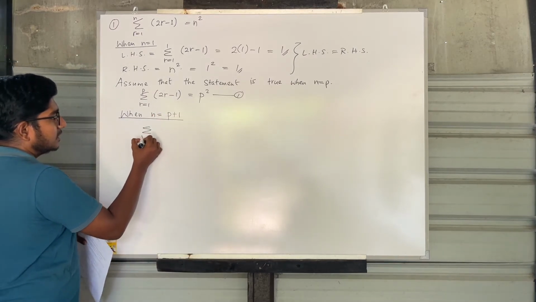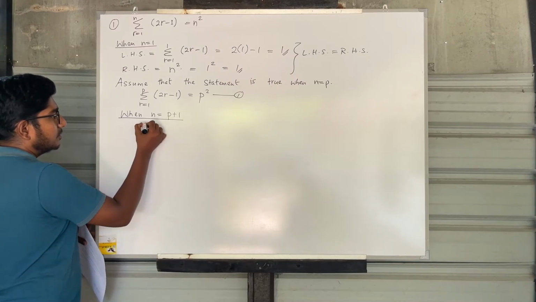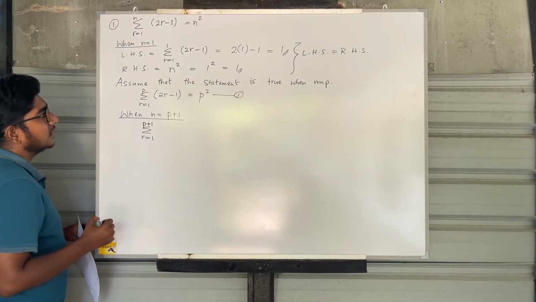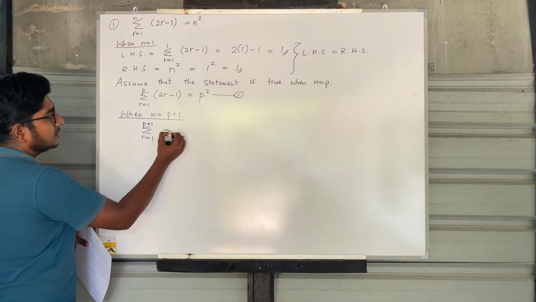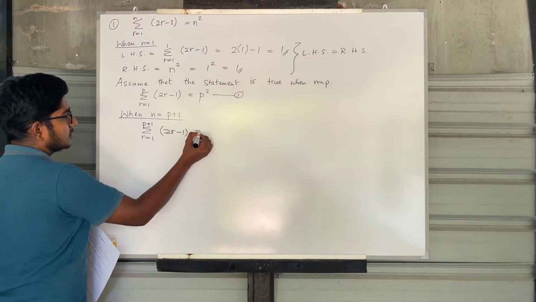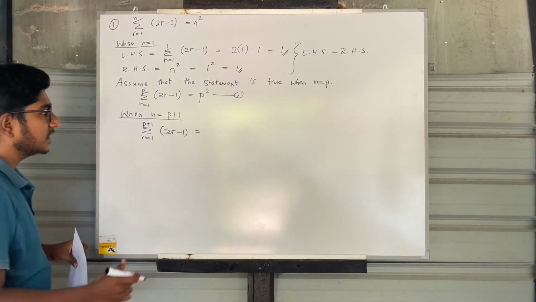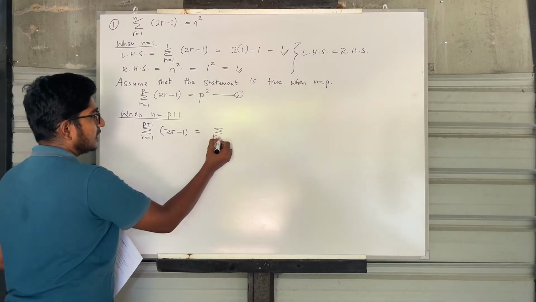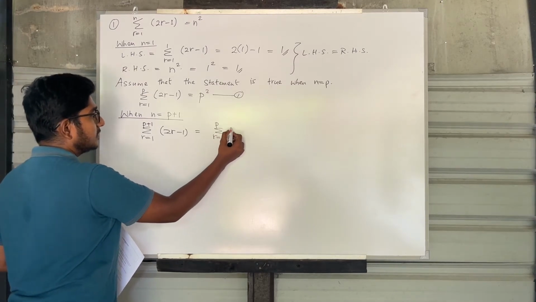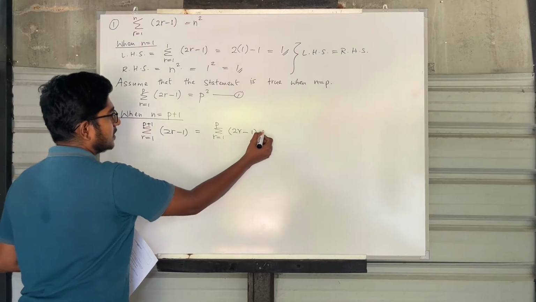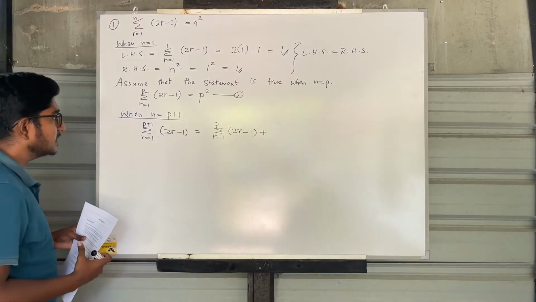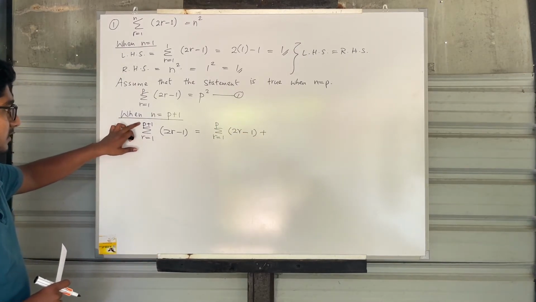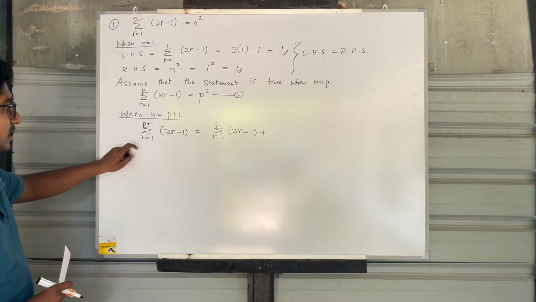Now take r equal 1 to p plus 1. N becomes p plus 1. So sigma r equal 1 to p plus 1 means sigma r equal 1 to p plus the next term, p plus 1. What is the meaning of this symbol?